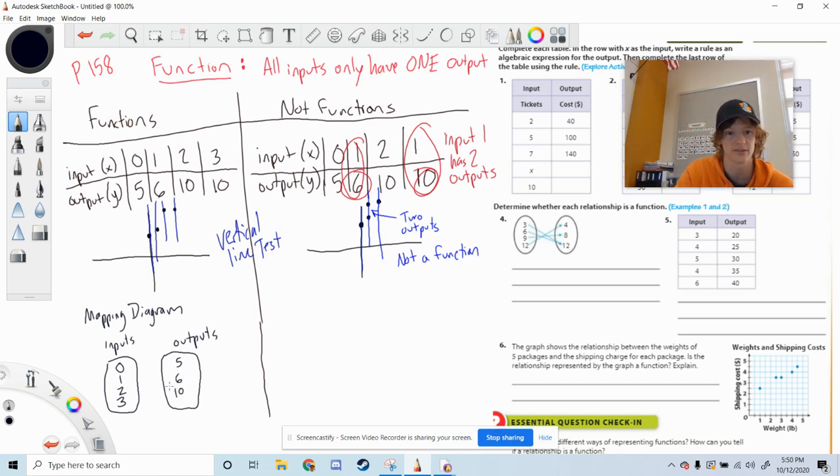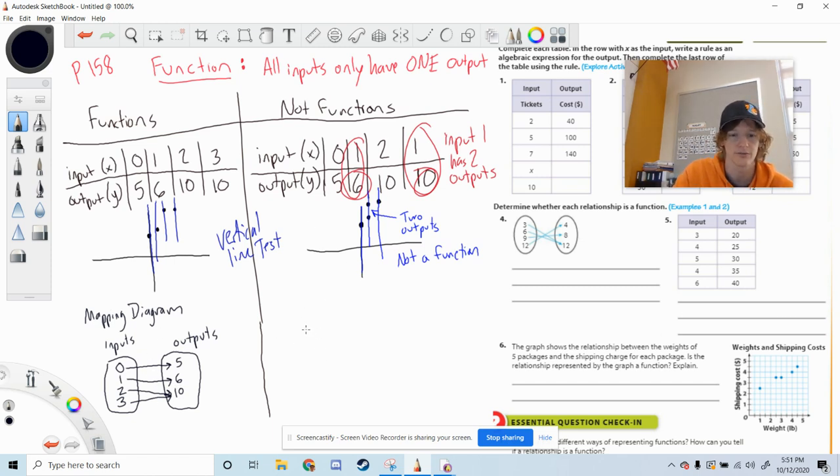So I'm not even going to write another 10 here. But what I see is 0 has an output of 5. 1 has an output of 6. 2 has an output of 10, and so does 3. But is there any number here that has more than one arrow coming off of it? Is there an input that has more than one output? There is not, so this is a function.